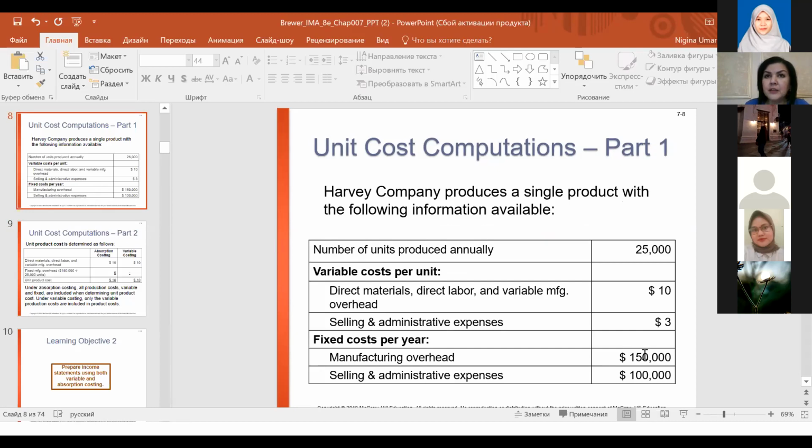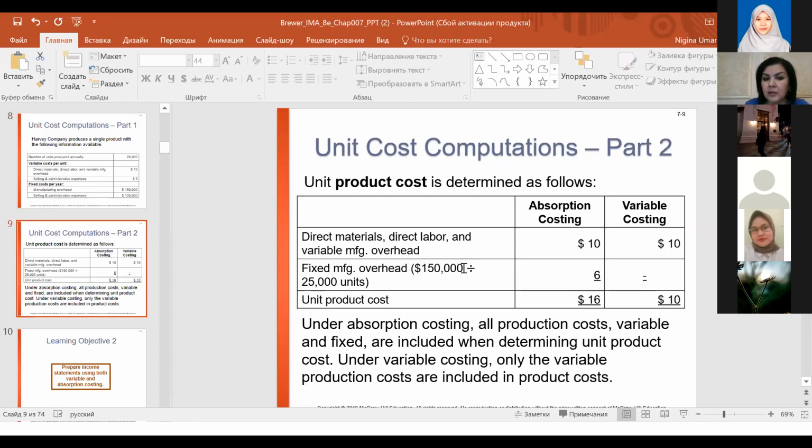To get the fixed manufacturing overhead per unit, we divide $150,000 by 25,000 units, which is $6 per unit. Under absorption costing, the unit product cost is $16.